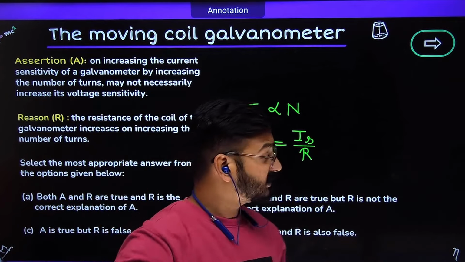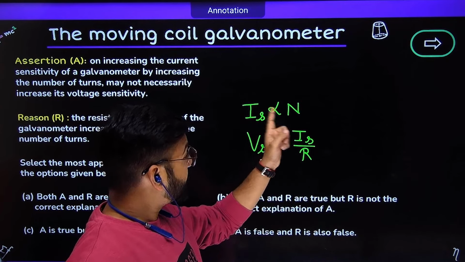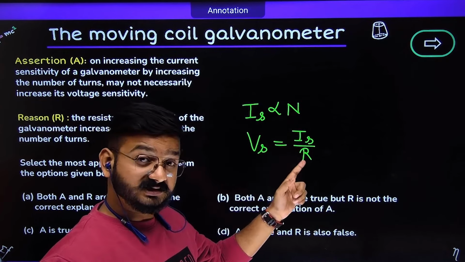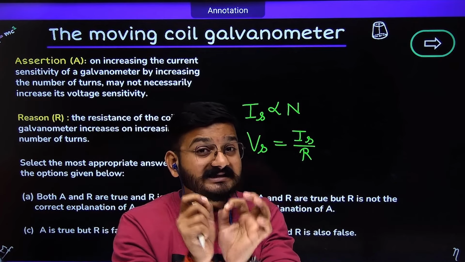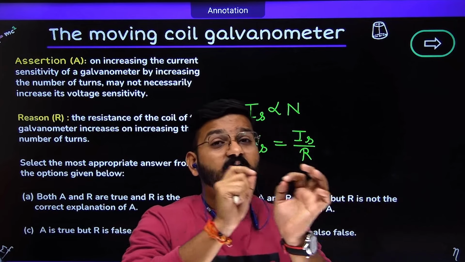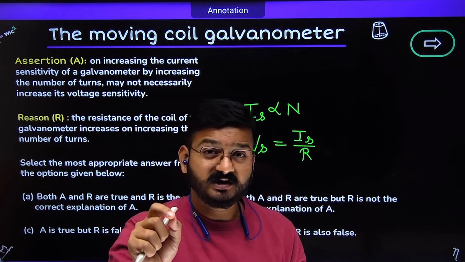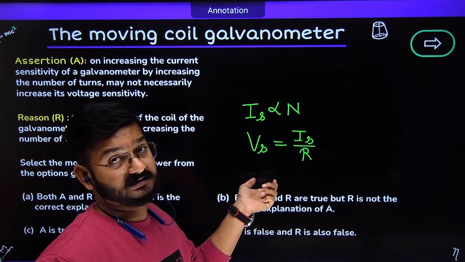When length increases, resistance will also increase. So when number of turns increases, resistance of the coil will also increase. So it is not necessarily true that when current sensitivity increases, voltage sensitivity also has to increase, because this denominator is increasing, which will decrease this.